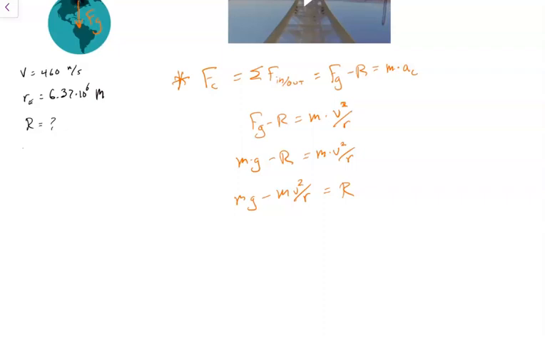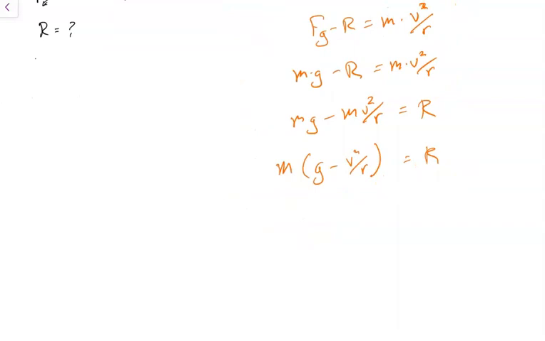Interestingly, mathematically, I can take out the m's and I get g minus v squared over r. And you can see this v squared over r is my centripetal acceleration. So that's like my difference in acceleration from my normal to my gravitational force. So okay, now let's plug some values in.